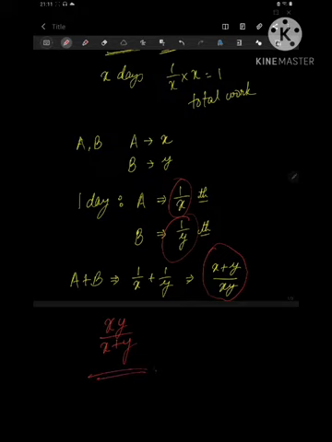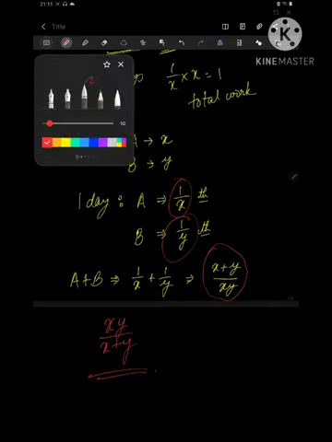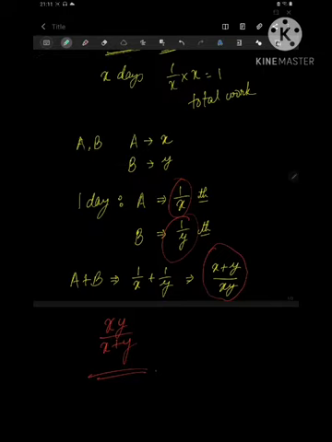So in a question, let us take an example. Suppose A completes the work in 5 days and B completes the same work in 10 days. So in how many days will the work get completed if both of them work together?